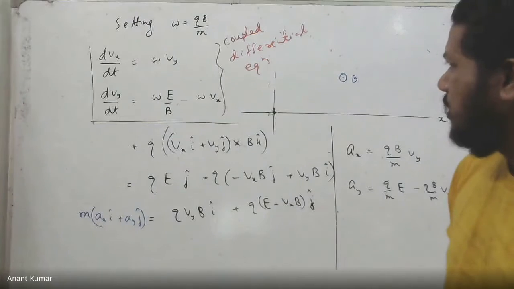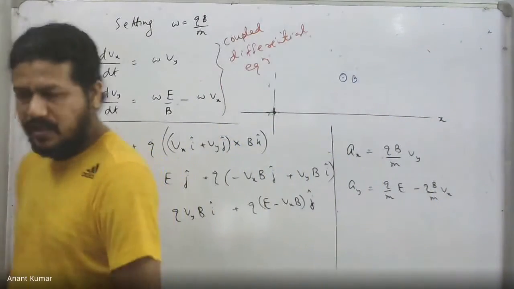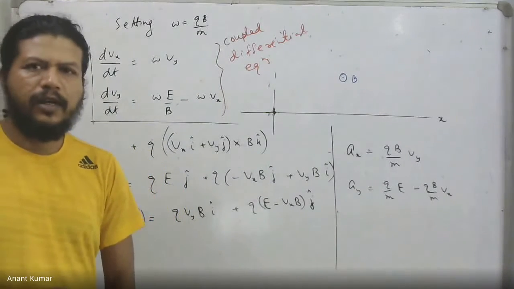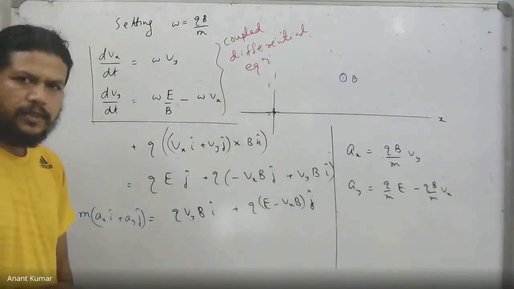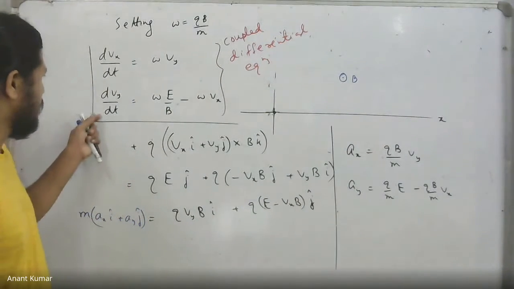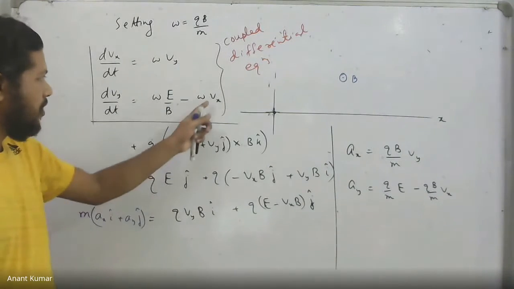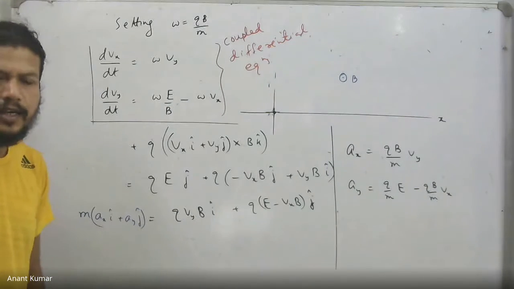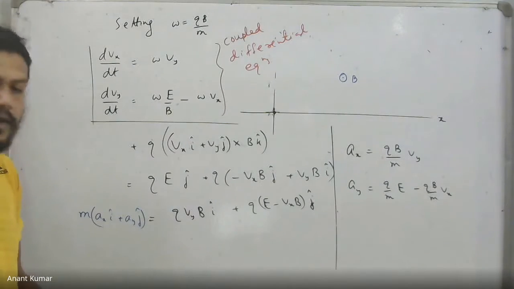However, there needs to be a price which has to be paid. The price paid in this case is an increment in the complexity, an increment in the order of the differential equation. What you could do, for example, is differentiate the second equation with respect to time. When you do that, on this side we get dVx by dt, which I can eliminate from there. So I'll get an equation which contains only Vy, and the other way around as well.